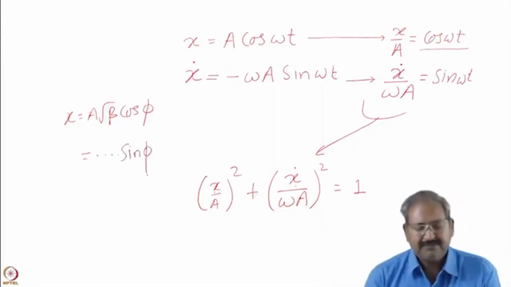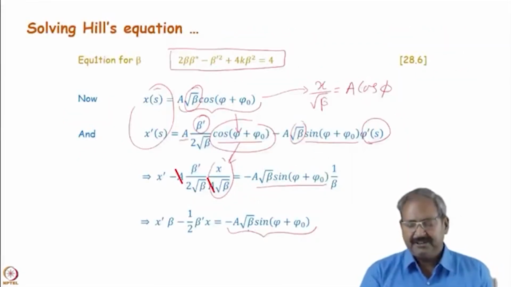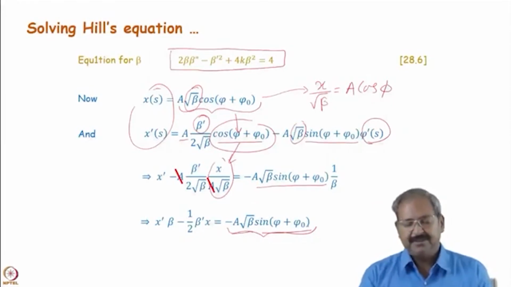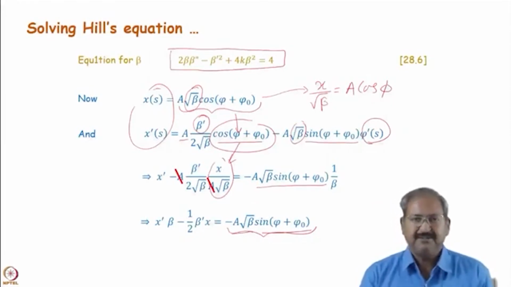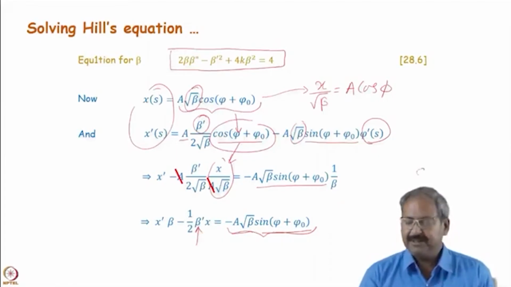If we have obtained that relation, then we square and add, and we can get such kind of solution which we obtained in the case of simple harmonic oscillator. However, here you can see that it involves d beta by ds, and it is with minus half scale.